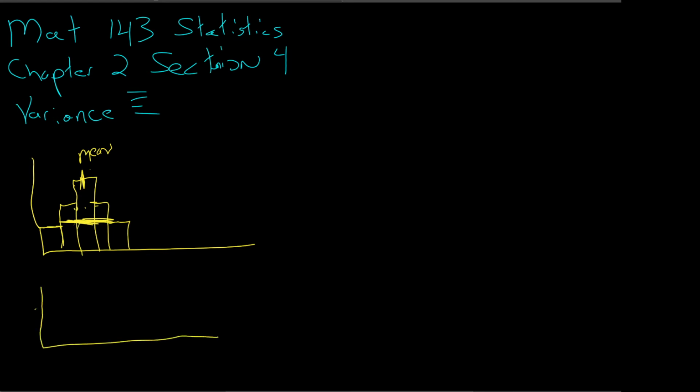Another distribution can have the exact same mean, median, and mode, but it can be much more narrow, and more stuff is around the mean, median, and mode. So even though these would have the same mean, median, and mode numbers, the width of where everything is at is narrower. And so that's really what we start talking about when we talk about variance. It is measuring how far things vary, or how far spread out they are.